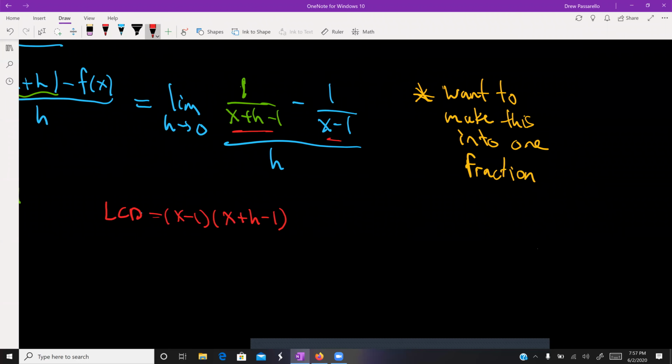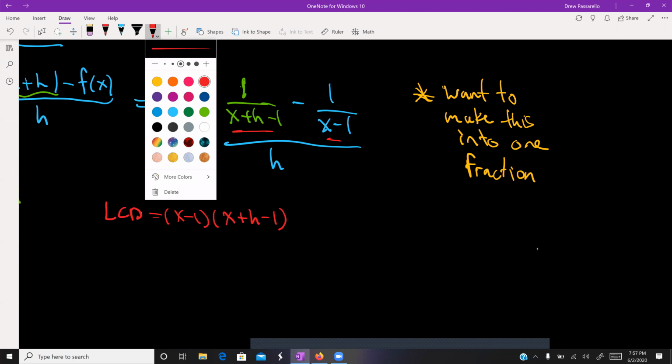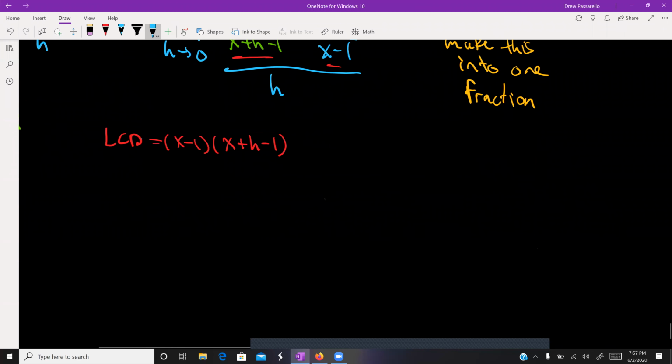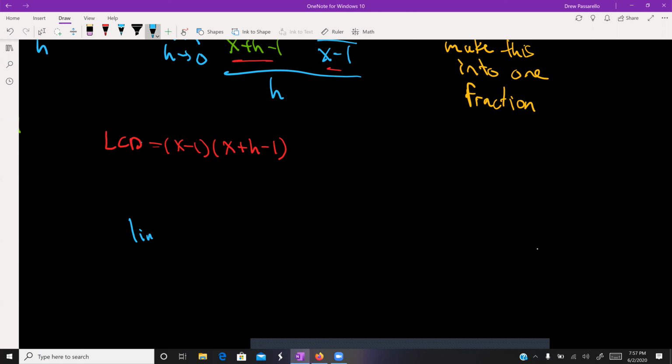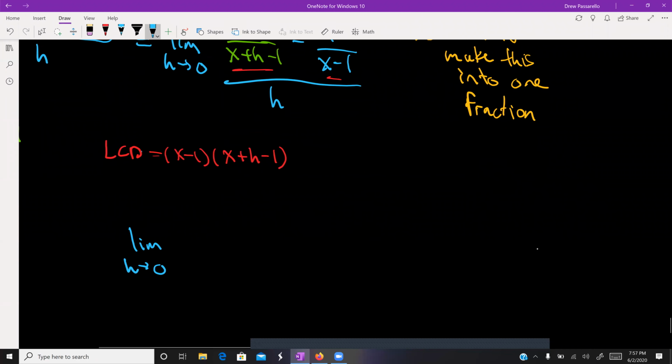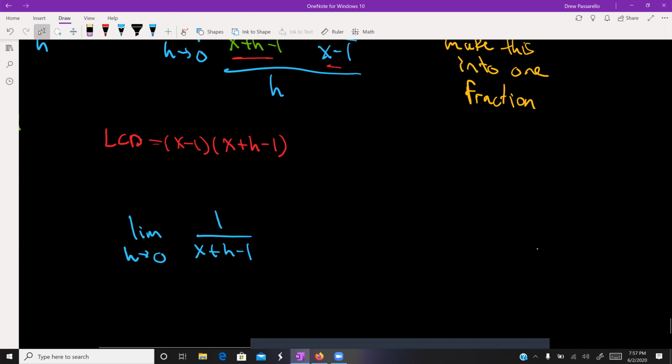And if I want to change these, I'll rewrite it. I have 1 over x plus h minus 1, and then minus 1 over x minus 1. If I want to change the x plus h minus 1 so it has the same denominator, it's missing the x minus 1 portion.